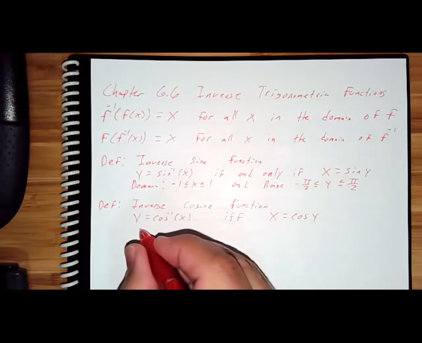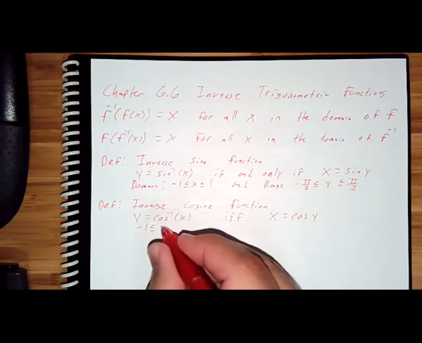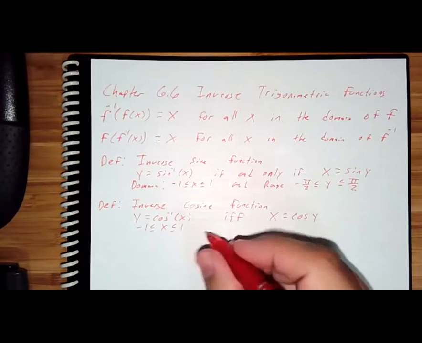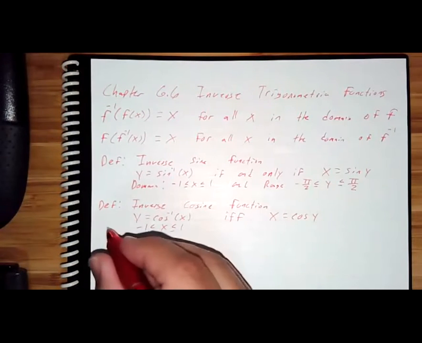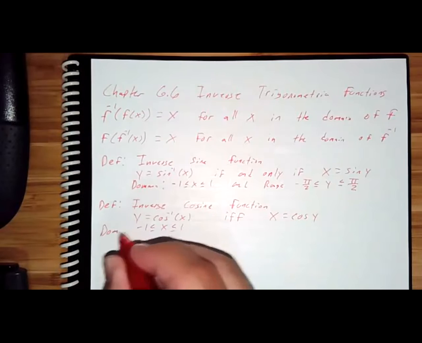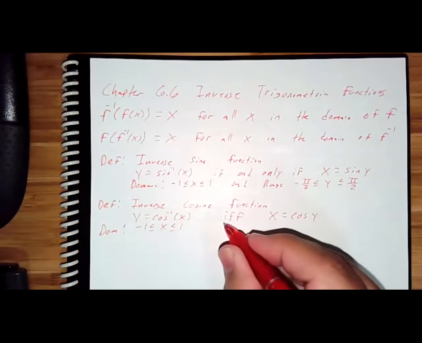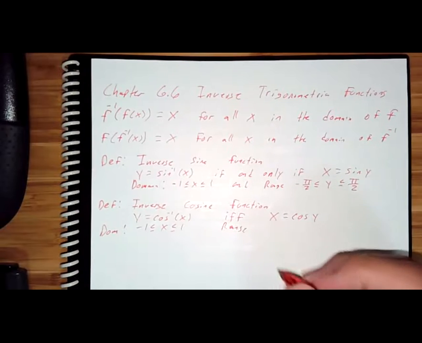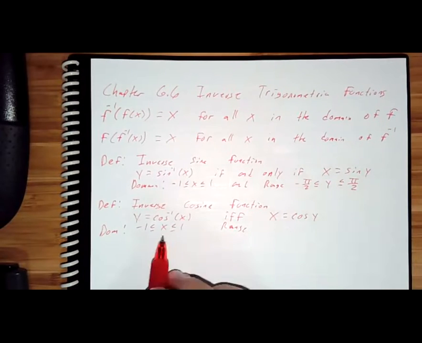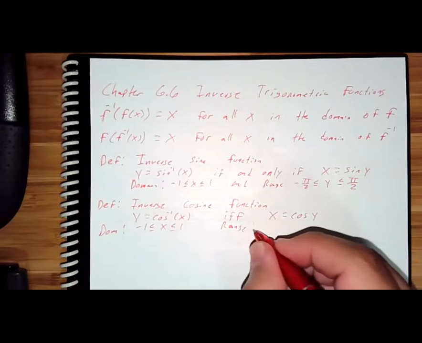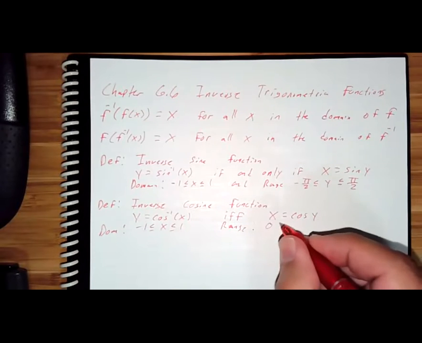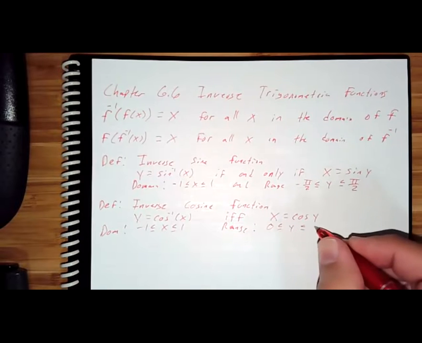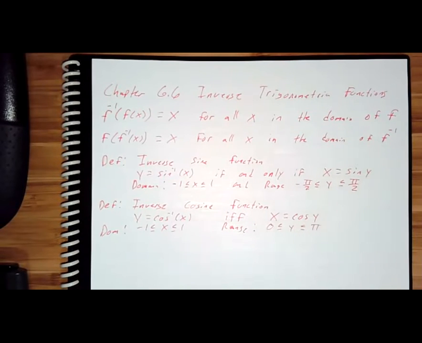And the x will be between negative 1 and 1 as well. This is my domain. The domain is the same, but the range will be a little bit different. It'll be 0 to pi for cosine.